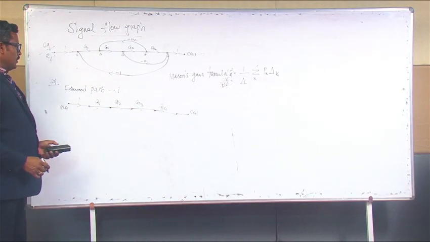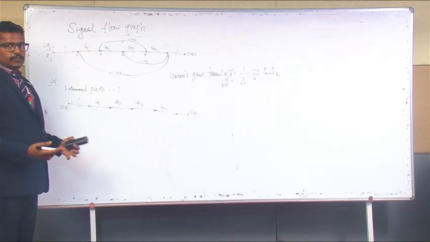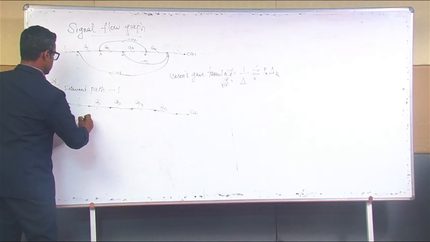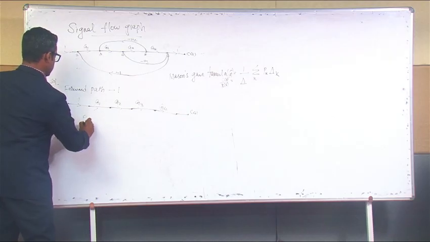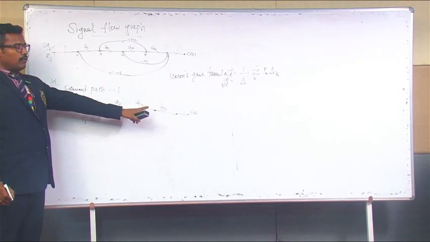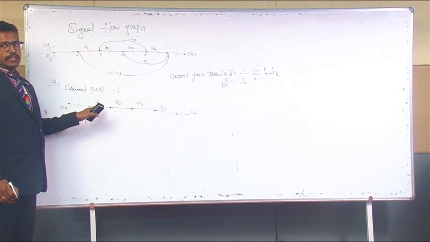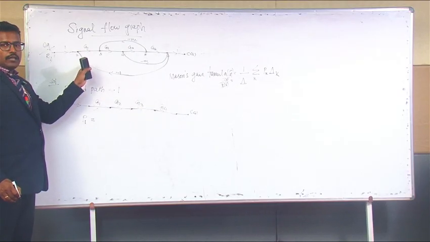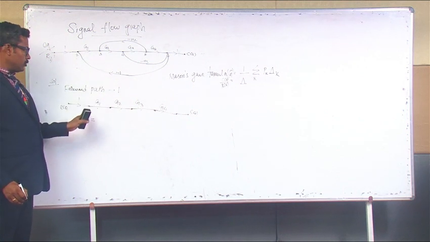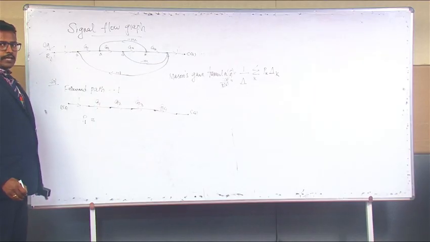So what is the transfer function of this forward path? All the forward paths are represented as Pk, so it is P1. All the transfer functions are connected in series. As we already told you the formula, if it is in parallel, you have to add, and if it is in series, you just have to multiply the transfer functions.